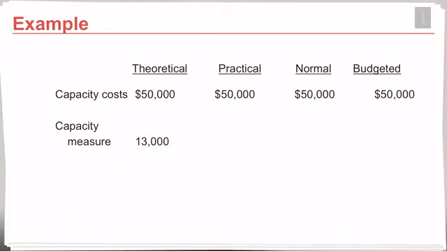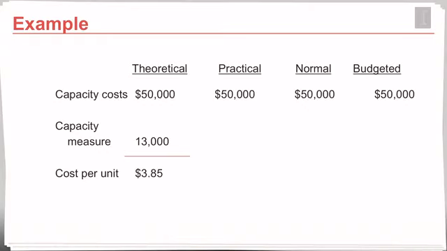Under the theoretical perspective, that number was 13,000. So theoretically, in a month's time, we can produce 13,000 units. $50,000 spread over those 13,000 units amounts to $3.85 worth of capacity costs per unit.